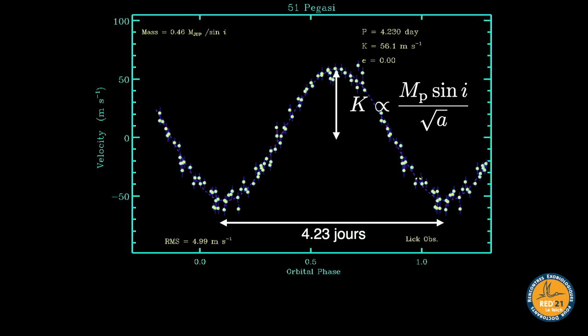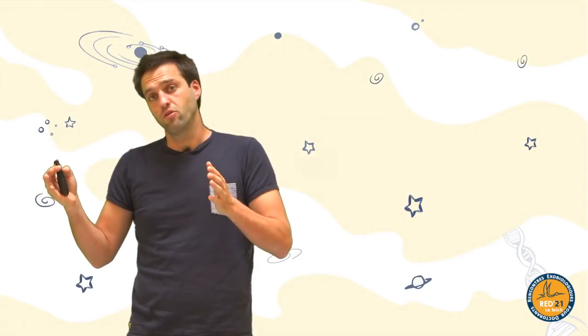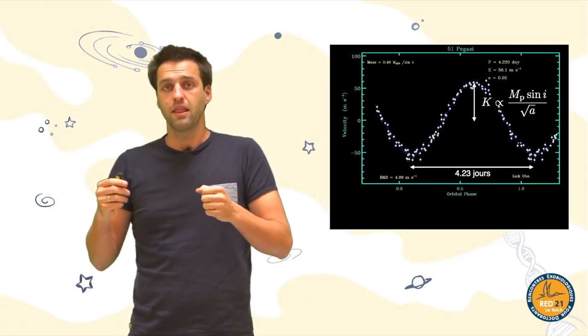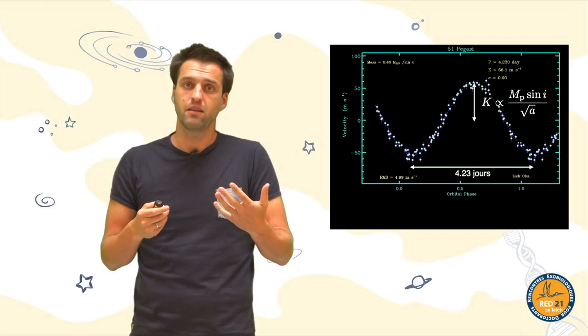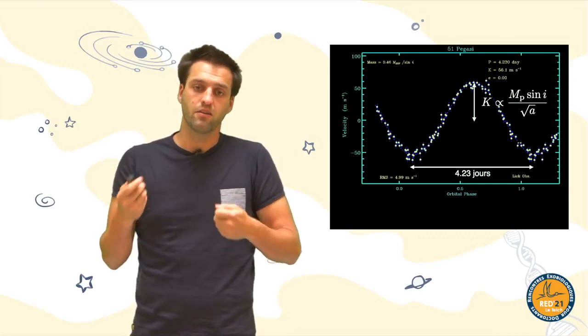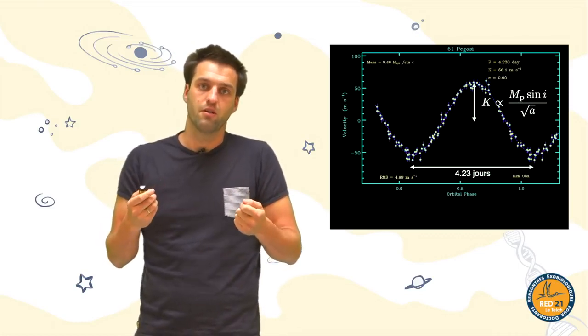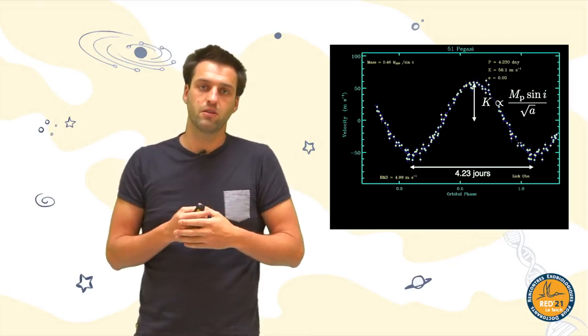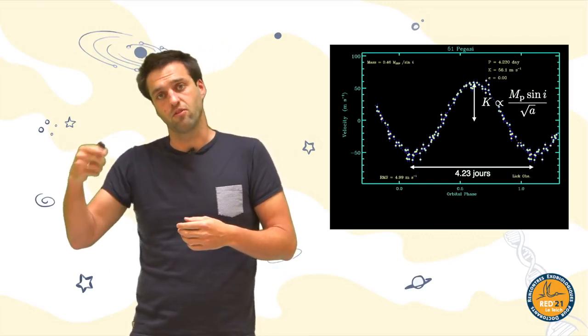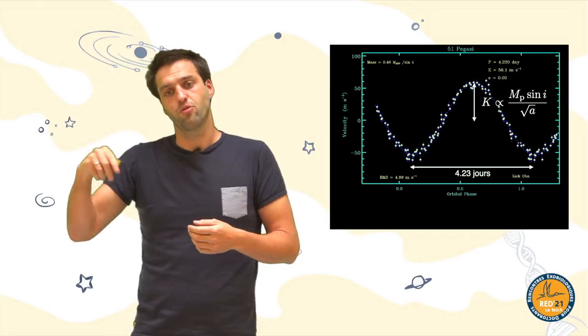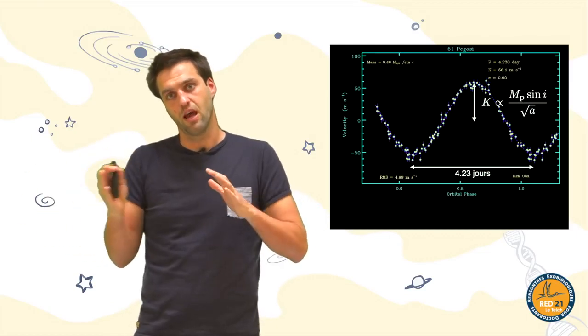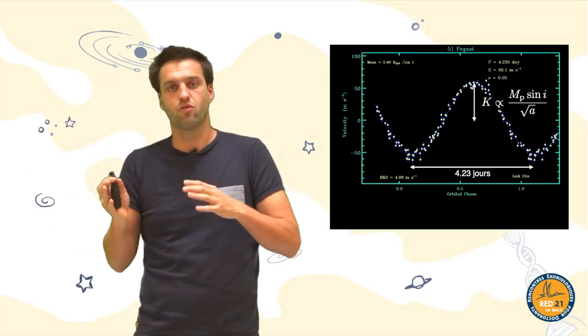When you see that, it means that you have a planet orbiting its star every 4.2 days or so, and it doesn't have to be much greater than Jupiter, because the semi-amplitude is proportional to the mass of the planet, but also inversely proportional to the distance at which the planet is from the star.